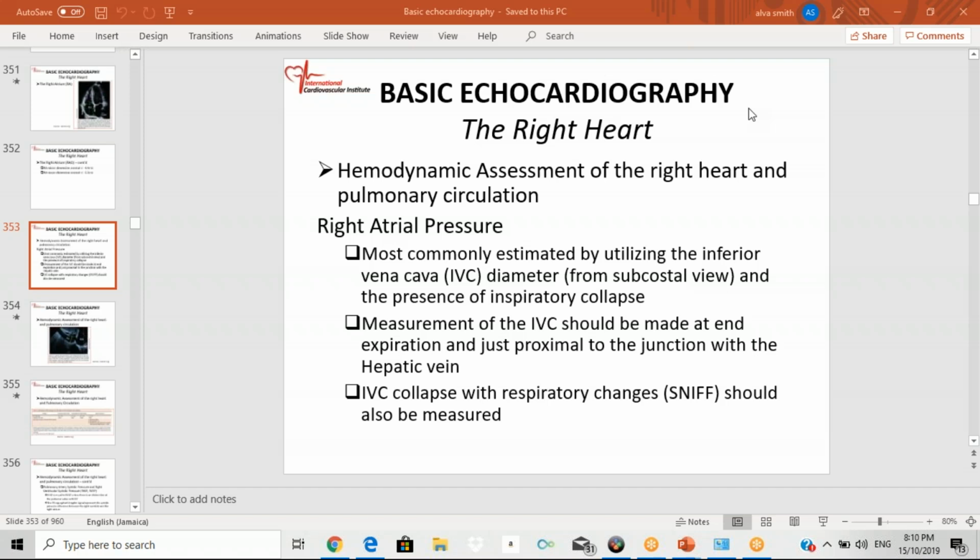Gradient is 4v squared, so you get your peak velocity, you square it, multiply by 4, and then you look at your IVC, and your IVC will tell you what the right atrial pressure is. So we talk about a normal right atrial pressure is between 0 and 5. If we're going to give one number, if it's normal, then we usually use 3 millimeters mercury. That's right atrial pressure.